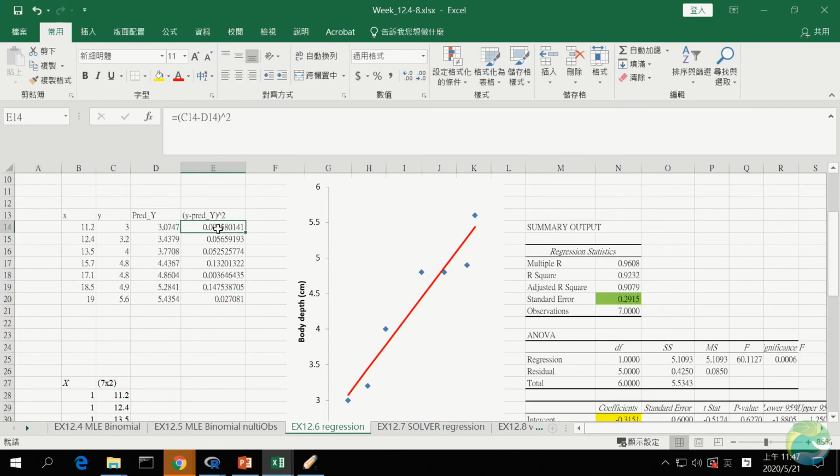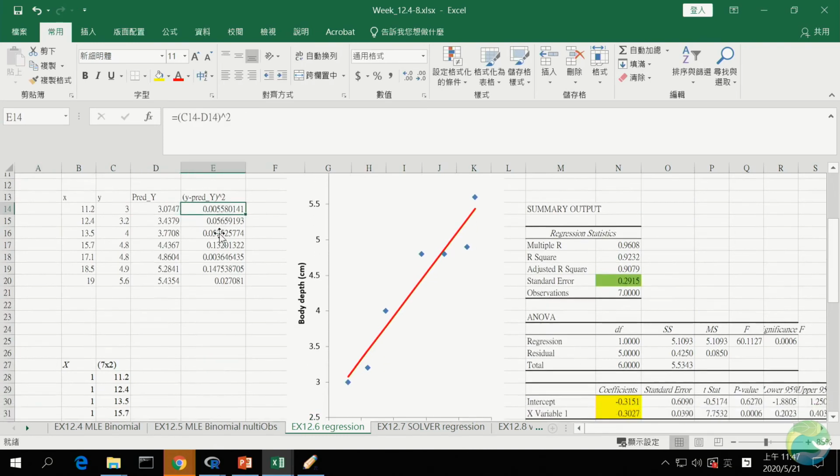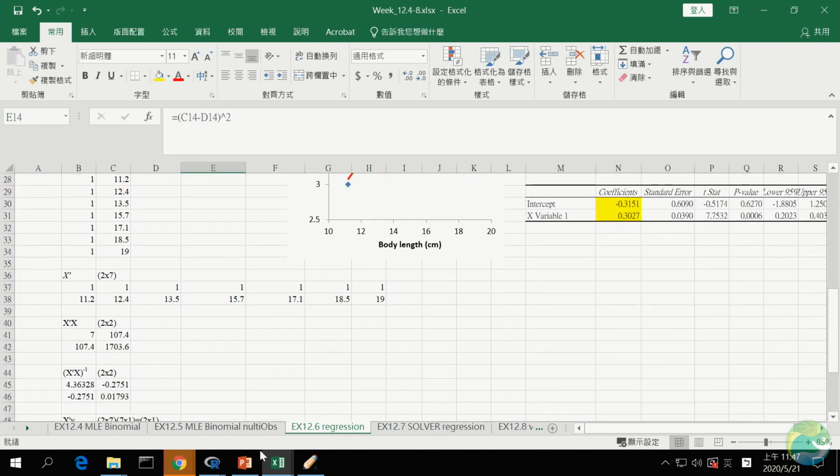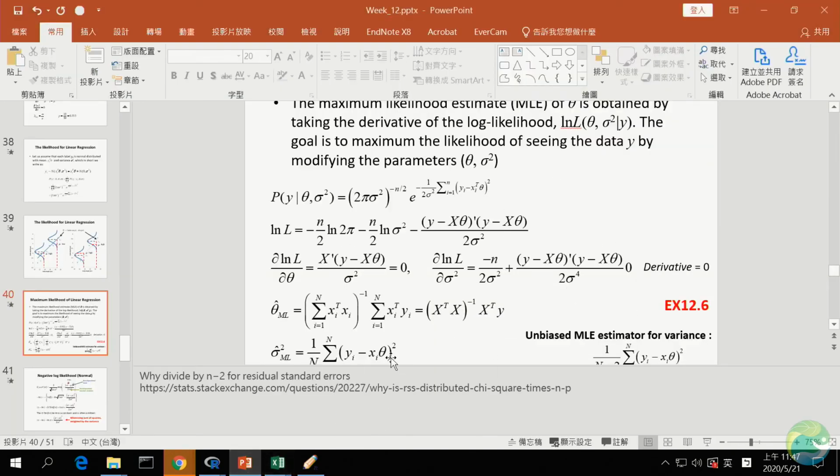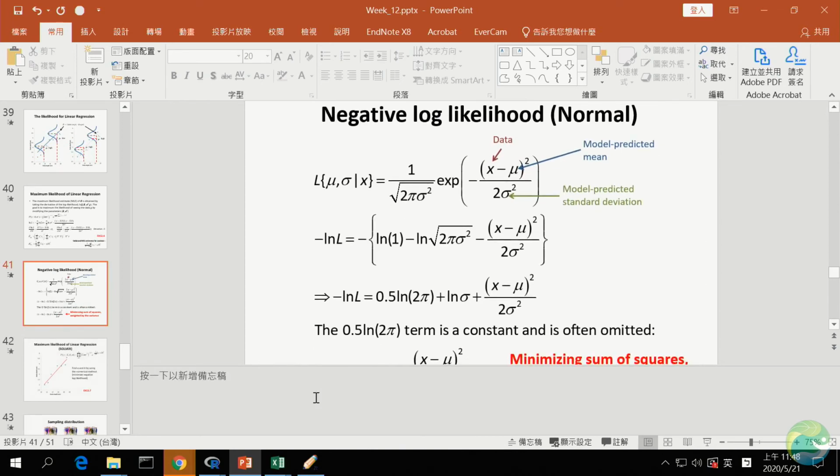This is the error square. As I showed you here, we have the analytical solution for theta hat ML and the theta hat square ML. So let's try it.